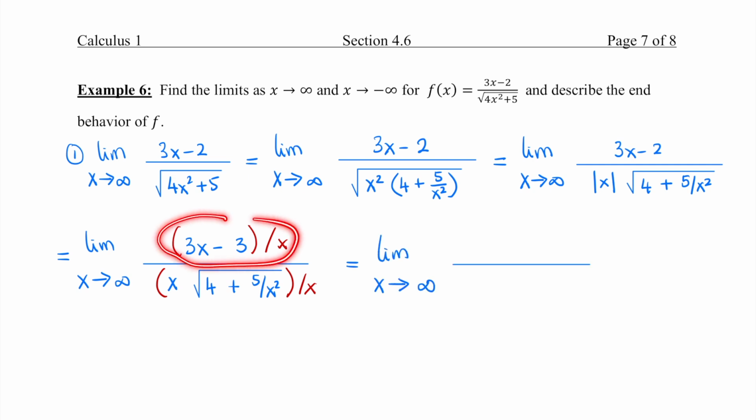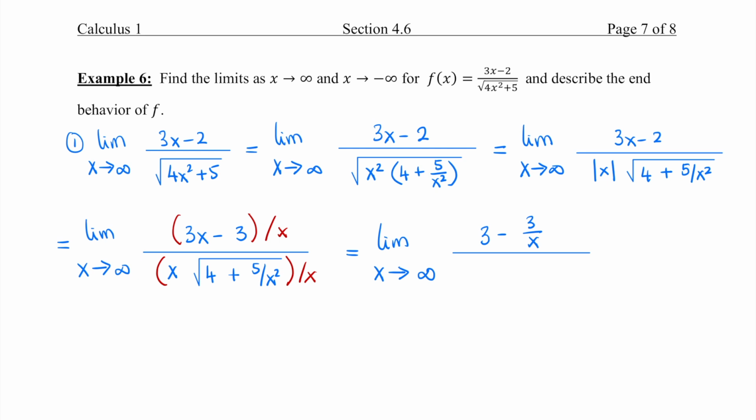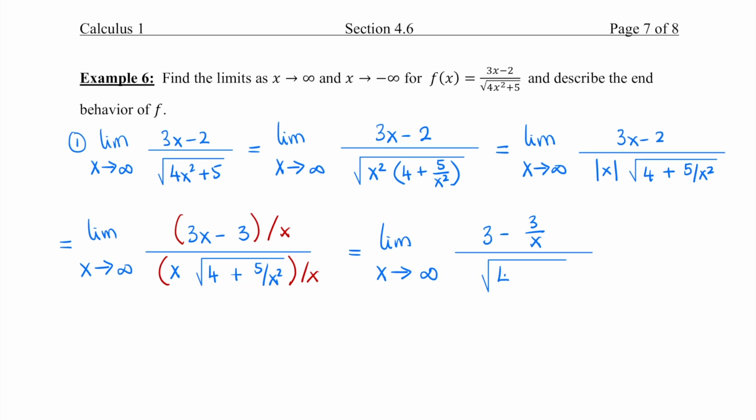So in the numerator, I have 3x divided by x is 3, and 2 divided by x is 2 over x. In the denominator, I have square root of 4 plus 5 over x squared. As x approaches infinity, 2 over x approaches 0, and 5 over x squared approaches 0.